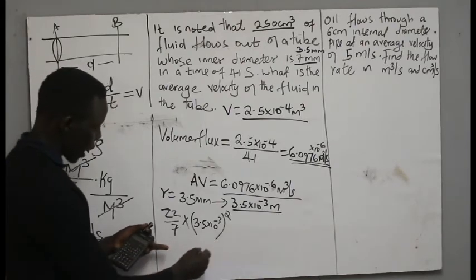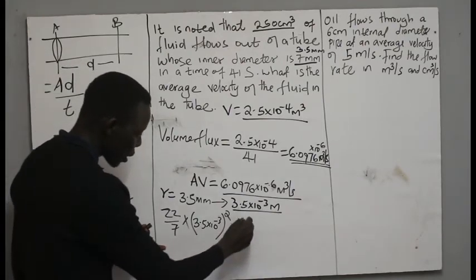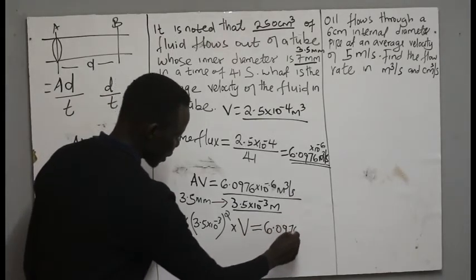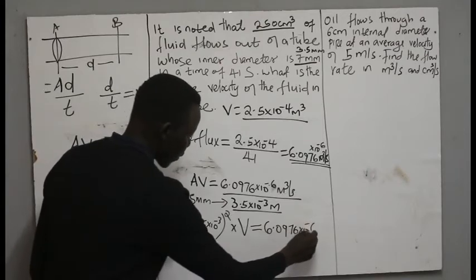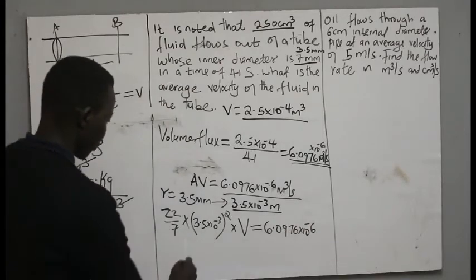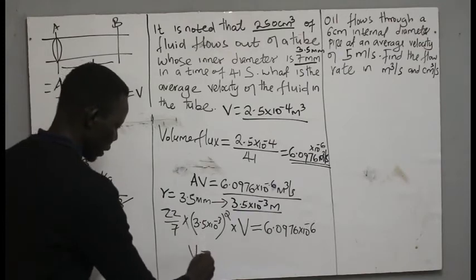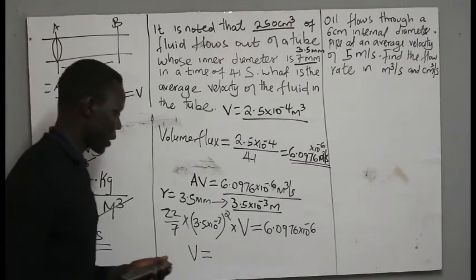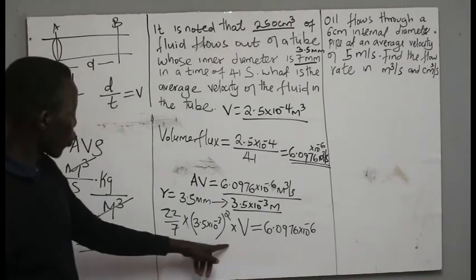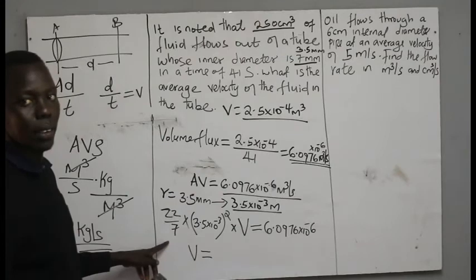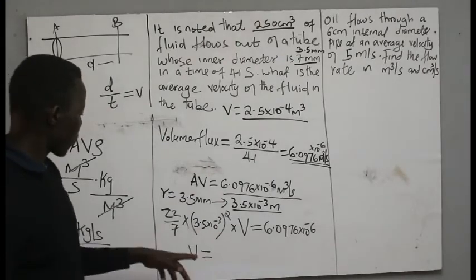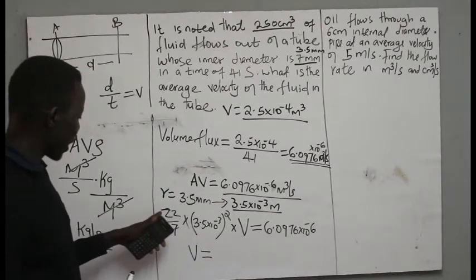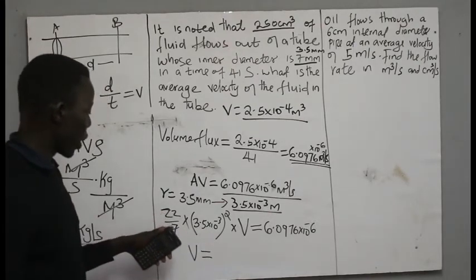So this is the cross-section area times velocity should give us 6.0976 times 10 power negative 6. So in short, velocity should be 6.0976 times 10 power negative 6, divided by what we have on the other side. We can get the square of this, multiply it by 22, then divide it by 7.